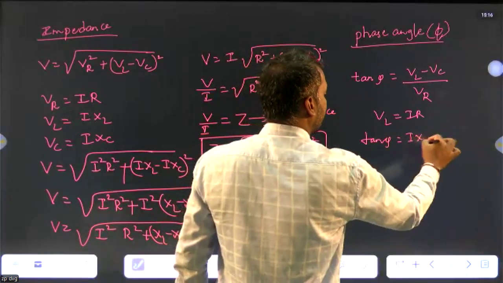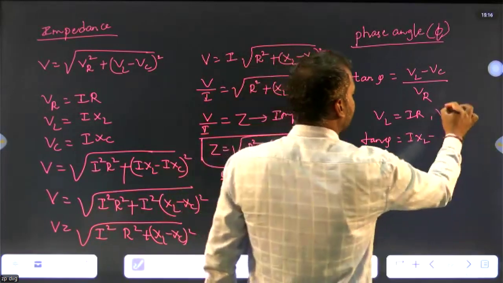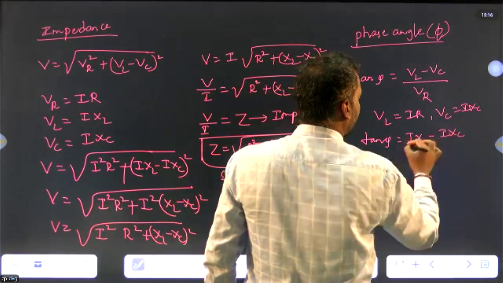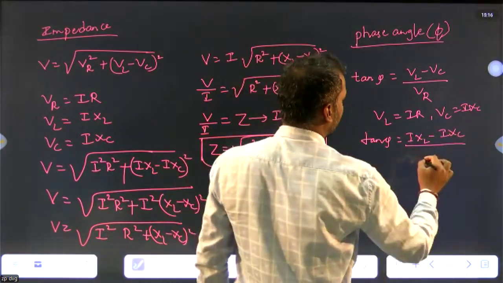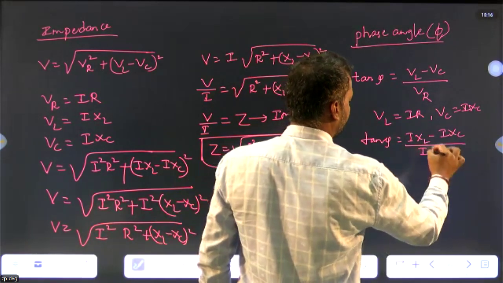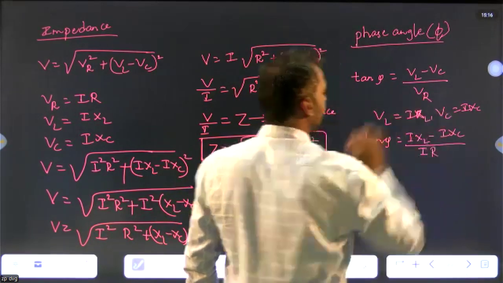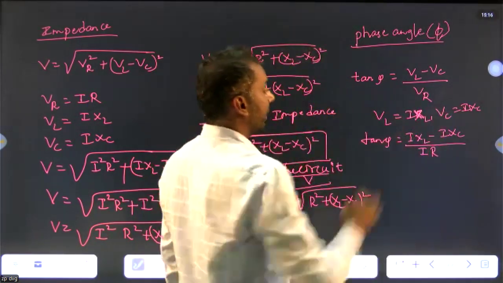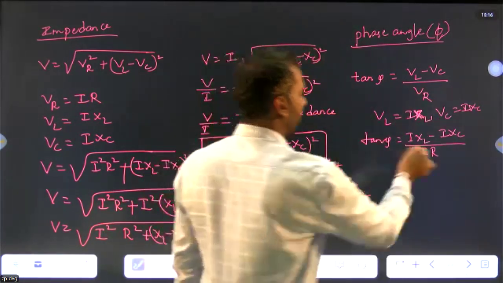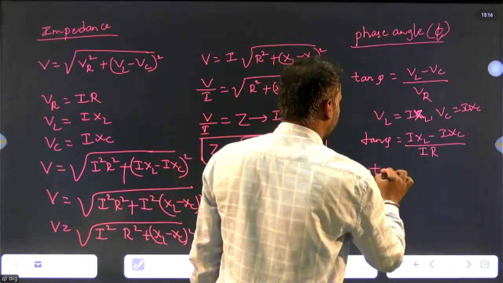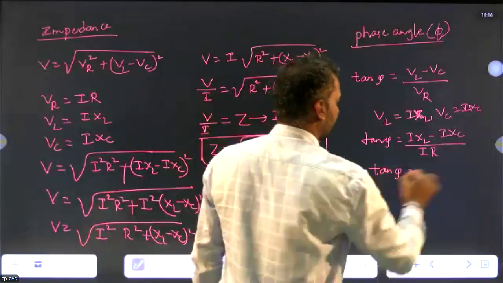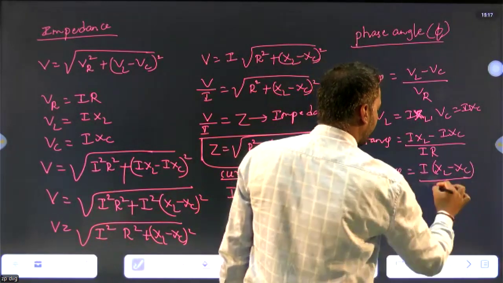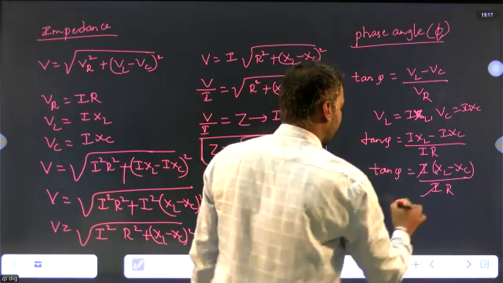VL is equal to I into XL, VC is equal to I into XC and VR is equal to I into R. So tan phi is equal to I(XL minus XC) divided by I into R. I gets cancelled.